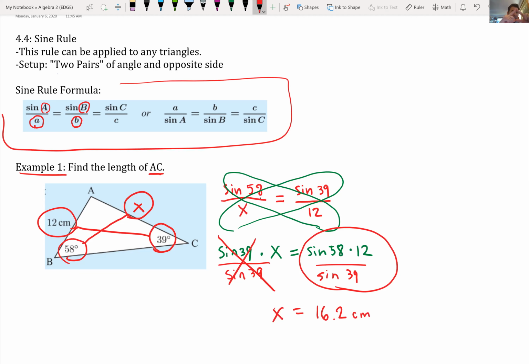But since there are 3 angles in a triangle, the formula says that the ratio of the sine of each angle to its opposite side is equal for all 3 pairs. But when we solve the problem, we only use 2 fractions. I hope that makes sense.